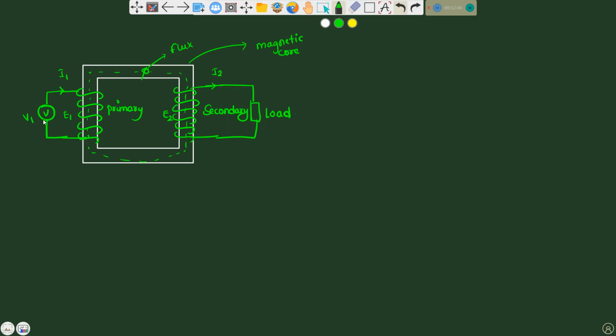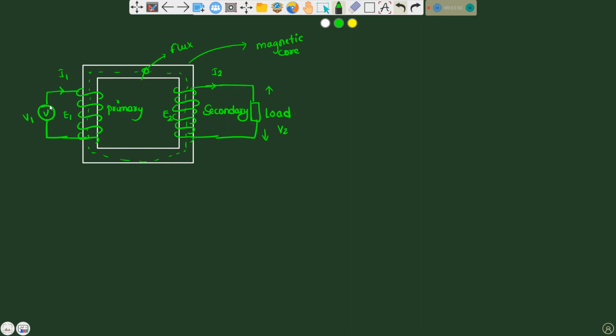This is the V1 voltage, and here we will get V2 as the voltage. So this is what the transformer looks like. It has two windings, primary and secondary, which are magnetically coupled but electrically separated or isolated.